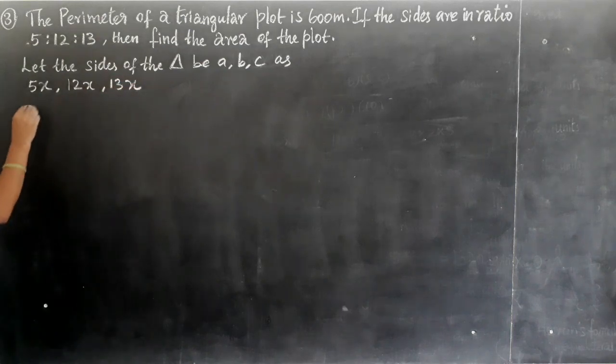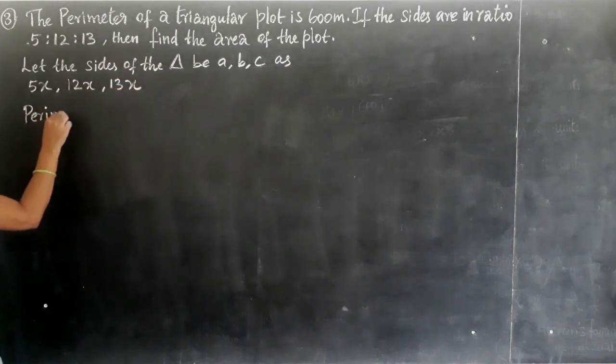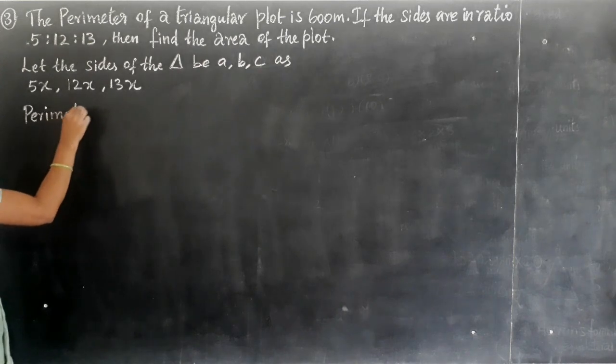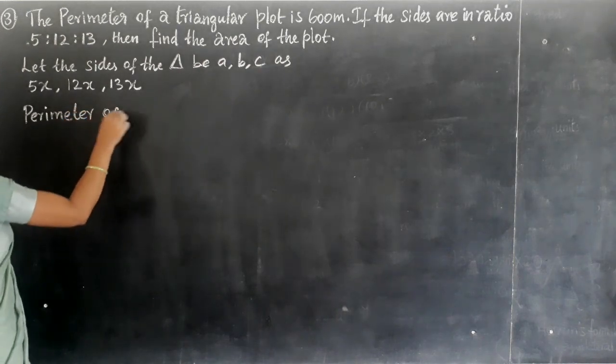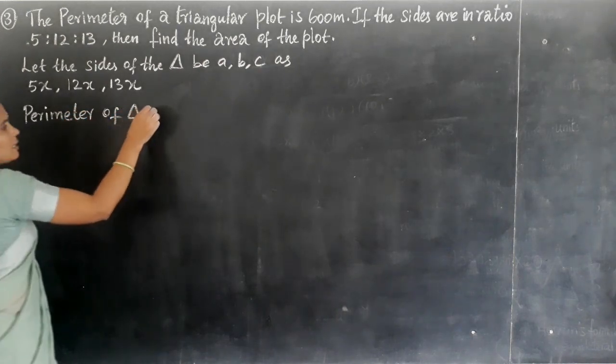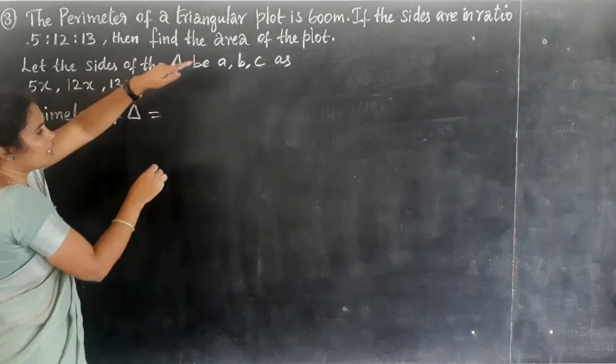The perimeter of the triangle is equal to 600 meter.